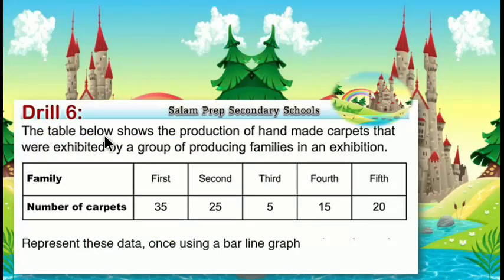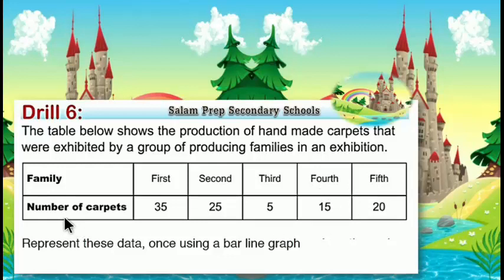The table below shows the production of handmade carpets that were exhibited by a group of producing families in an exhibition. Look with me at the table, family and number of carpets. There are 5 families: first, second, third, fourth, fifth.